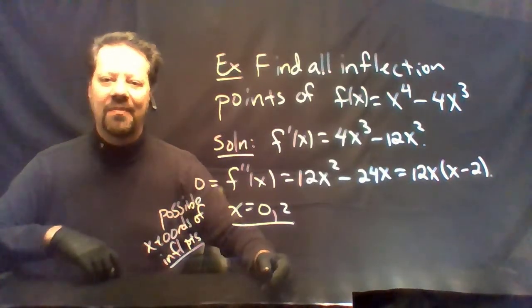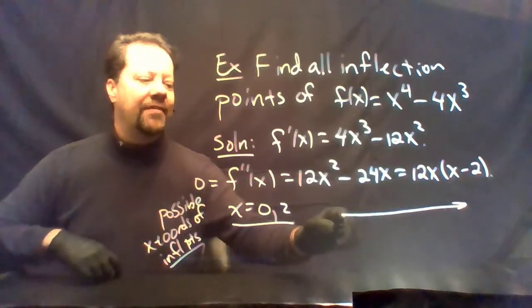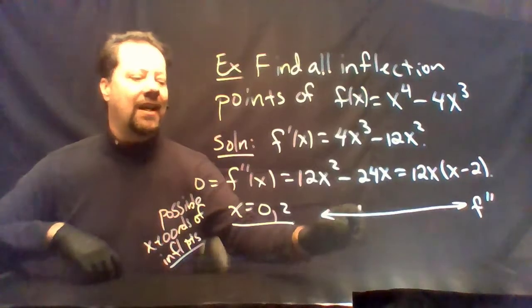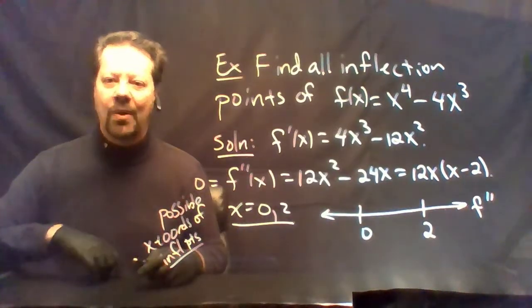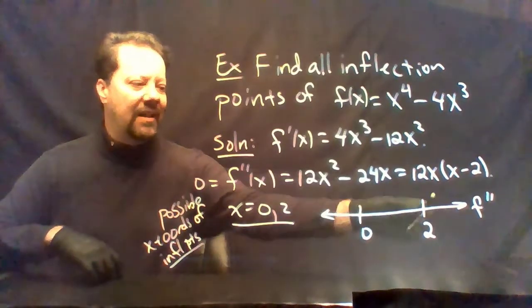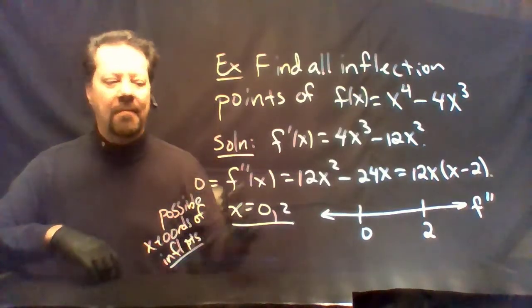How do we know? We have to draw a number line. We have to know that the second order derivative actually changes sign. So we will plot those possible x coordinates first, and then test one point within each of the resulting 3 intervals to determine the concavity there.